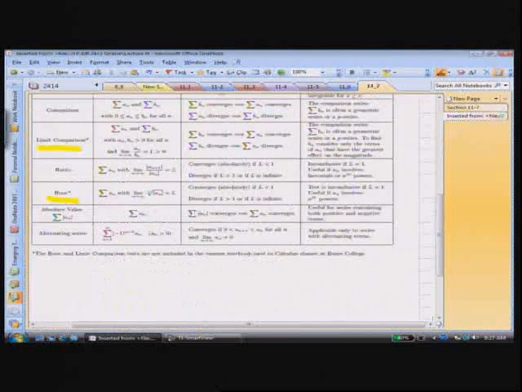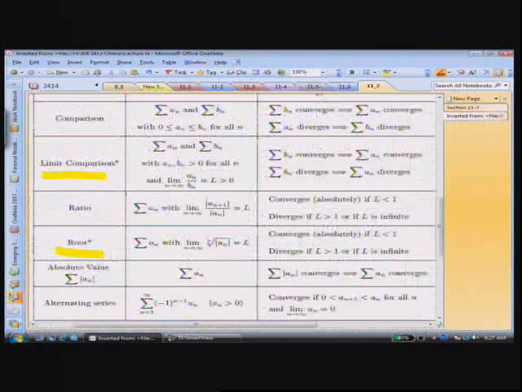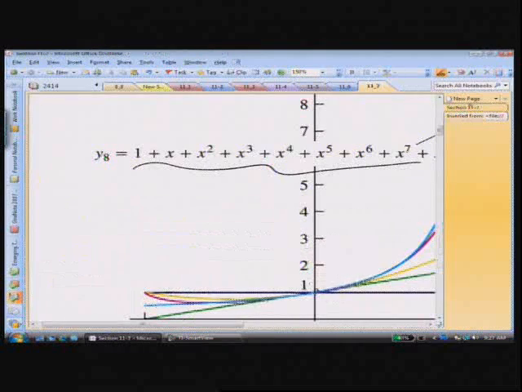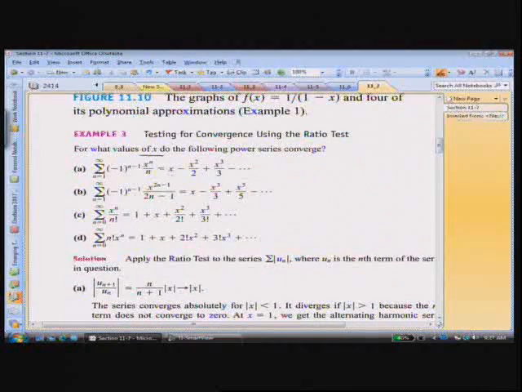If you look at the ratio test, you looked at the next term divided by the previous term, a sub n plus 1 over a sub n, and if it was equal to L, some number, remember if L was less than 1, it would converge, but if L is greater than 1 or infinite, then it diverged, right? And for the root test, the same, you took the nth root of it, and it had to be less than 1.